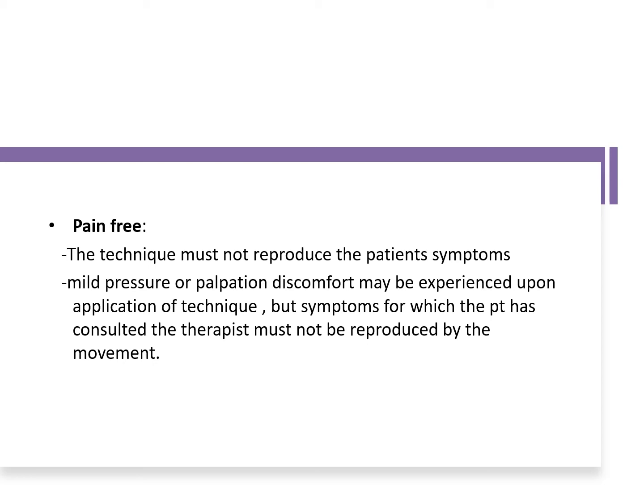Mild pressure or palpation discomfort may be experienced upon application of the technique, which is normal, which is fine. But symptoms for which the patient has consulted the therapist must not be reproduced by the movement.